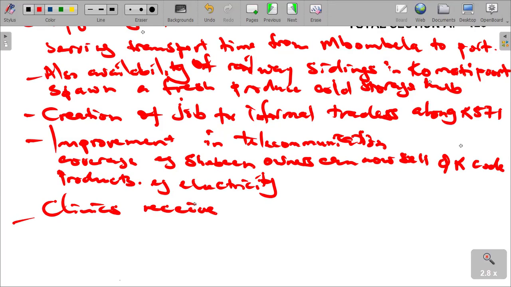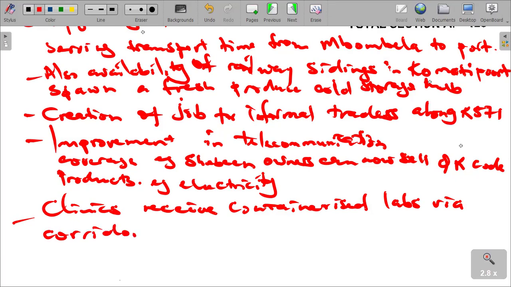Clinics can also receive containerized labs via corridors. They can receive containerized labs that are coming through the corridor freight.